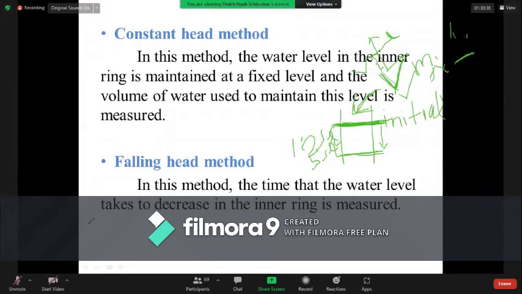You need to divide your volume value by the area. How can you calculate the area of the inner cylinder? Already we talked, the diameter of the inner cylinder is 30 centimeter, right? The diameter of the outer cylinder is 60 centimeter. So what is the area of the inner cylinder?